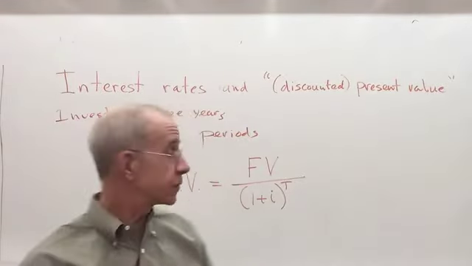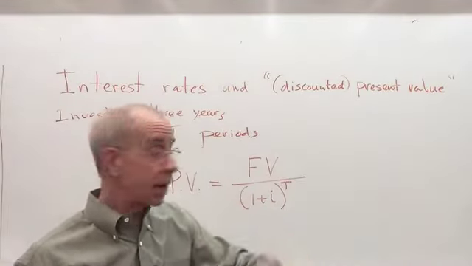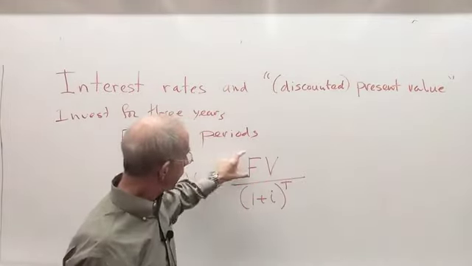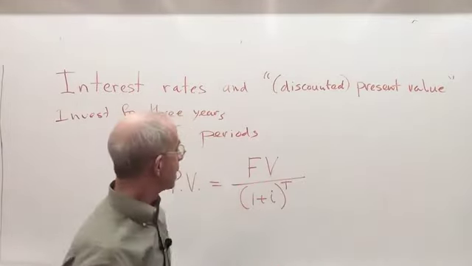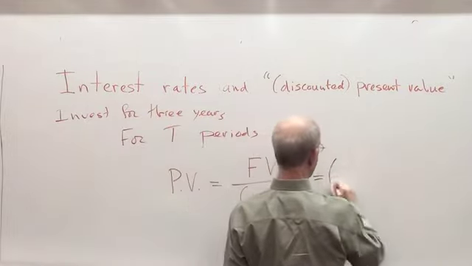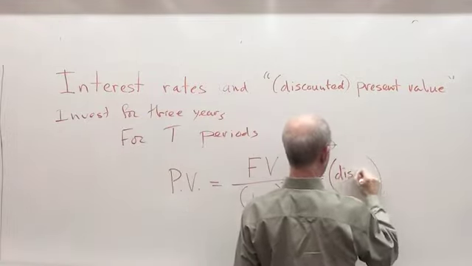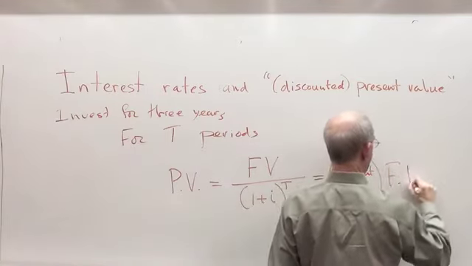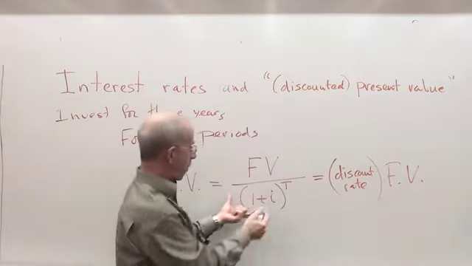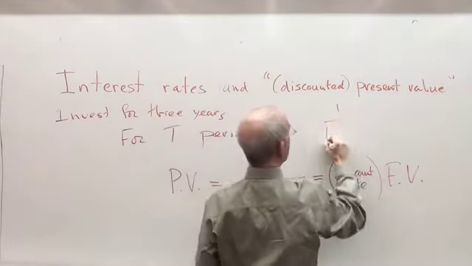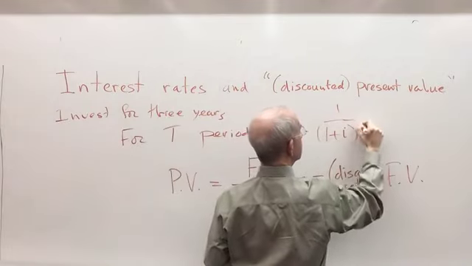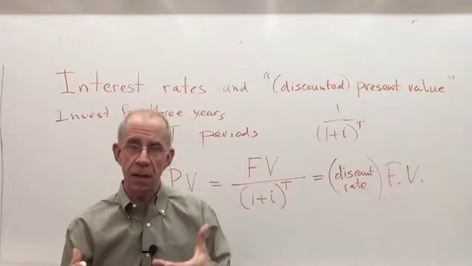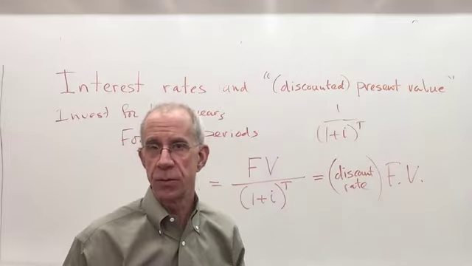Now, when we talked about this with the 3 periods, that t was equal to 3. This is what you would put into this formula. This formula, 1 over 1 plus interest rate to the t power, is sometimes called the discount rate. So you can plug in the percentages and you can get a specific number, and I would encourage you to do that.